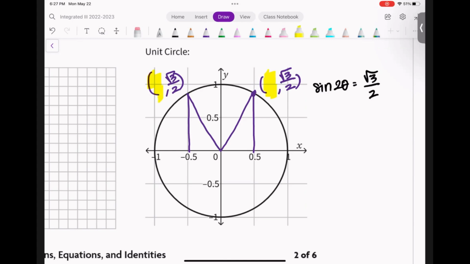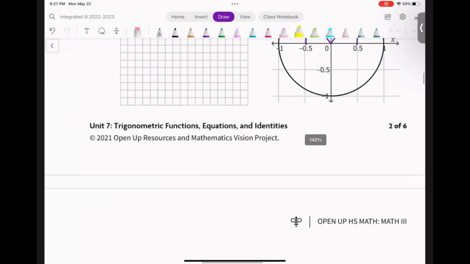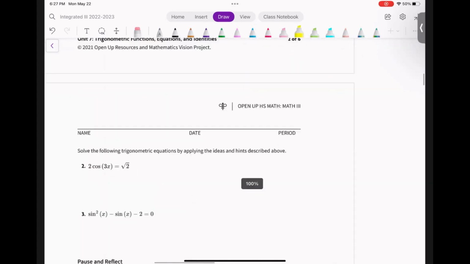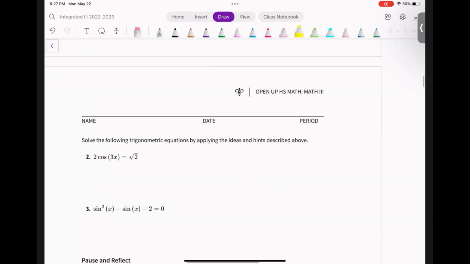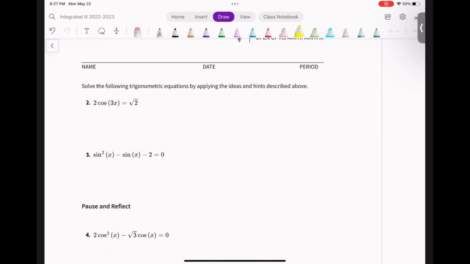And because this is a 30, 60, 90 triangle, the x values were going to be your root 3 and your 2 pi over 3. Okay. So those are your two reasons why. So now what you're going to be doing is you're just going to be solving these equations, and there's a lot of different ways to solve them.